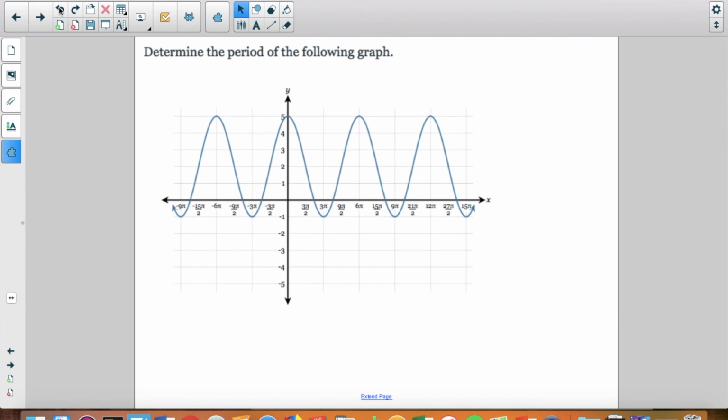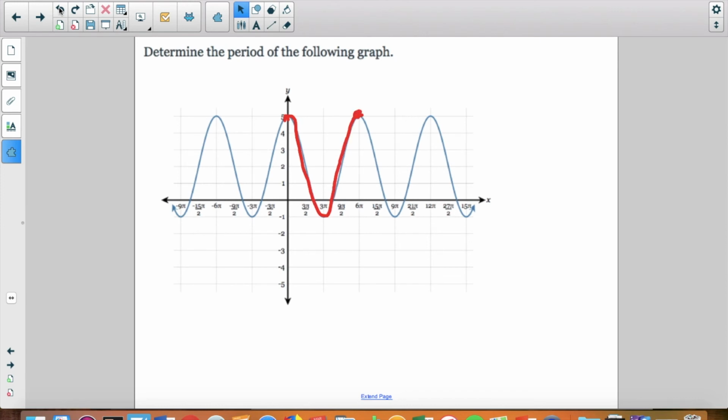So if we look here, it says determine the period of the following graph. The best way to do this is to outline one cycle of the graph. This is a cosine because it does not start at the midline, it starts above. A cosine graph starts above, goes down, and then ends at the top.